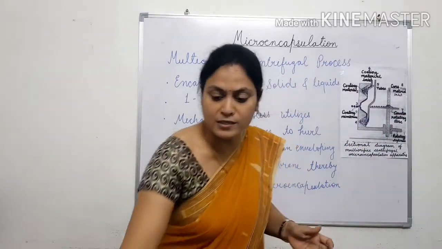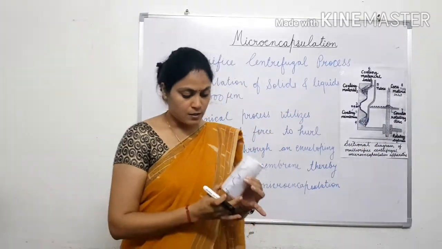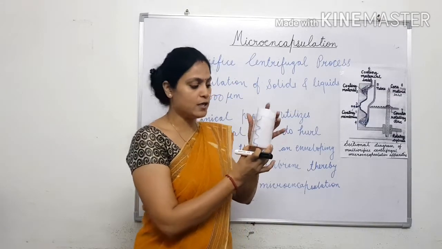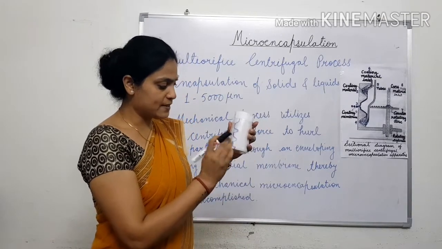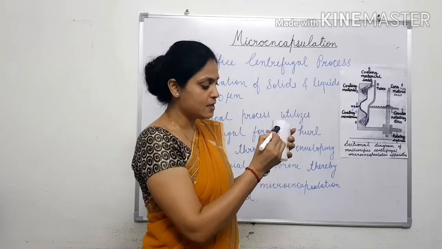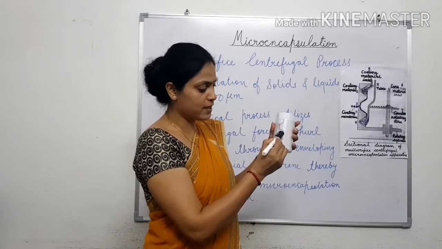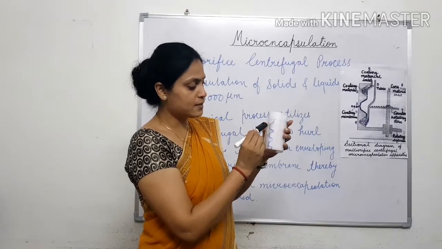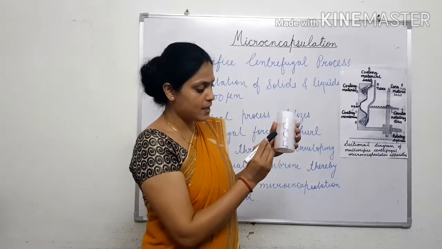Let me just give you a demonstration. If we imagine this is a rotating cylinder, then on its inner side these 3 circumferential grooves are present: groove number 2, 3 and 4.